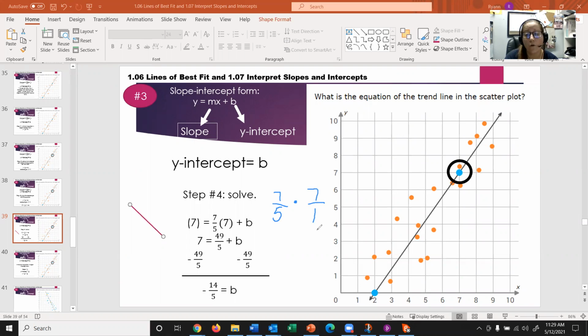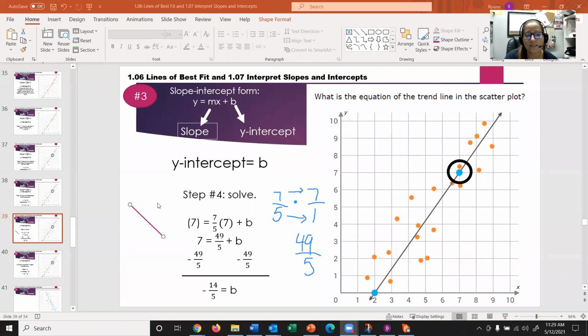So 7 divided by 1 is 7. But just for the purposes of multiplying fractions, this looks a lot prettier to solve. So we're going to multiply across. 7 times 7 will give us 49. And then 5 times 1 will give us 5. Okay, that's where we get this 49/5 here.